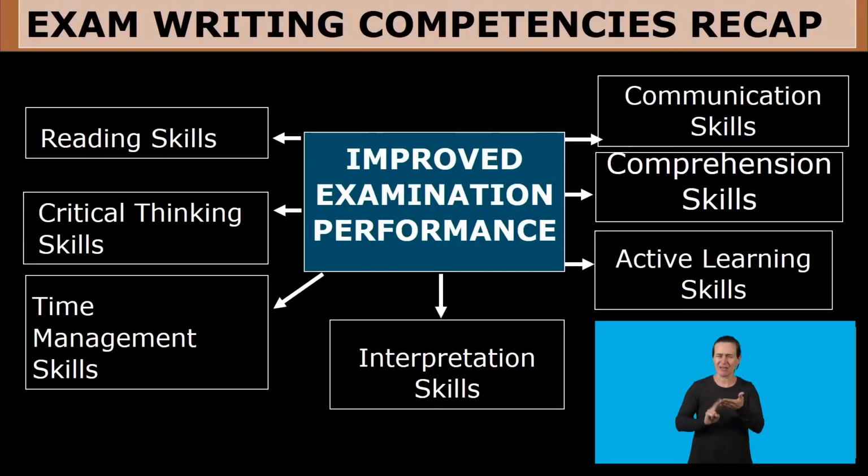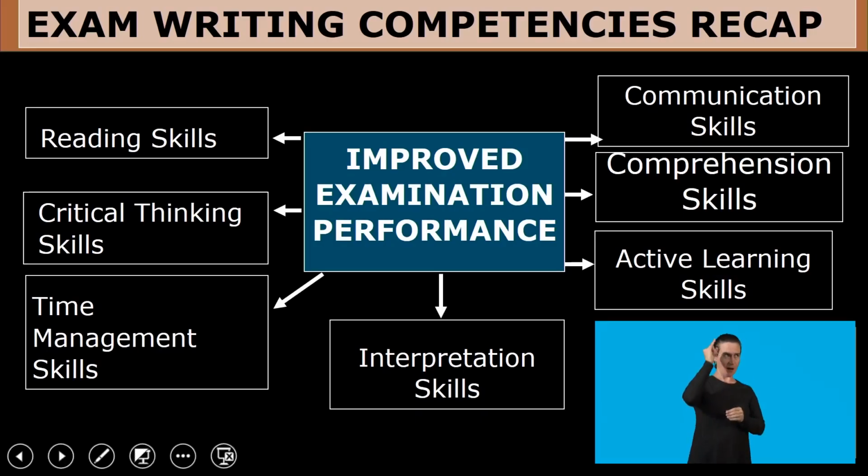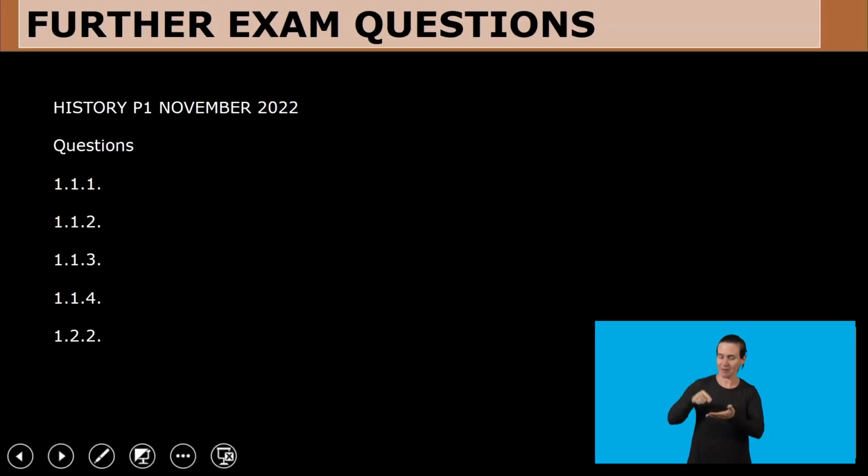Very important. And then, coupled with that, while you hone in on your historical skills, you have to remember there are exam techniques as well, like your reading, your critical thinking, time management, interpreting sources, comprehending them, communicating, because when you're writing, you're communicating. Those are all very, very important.